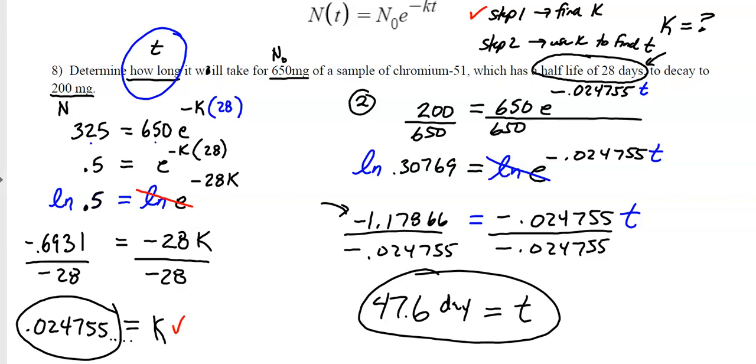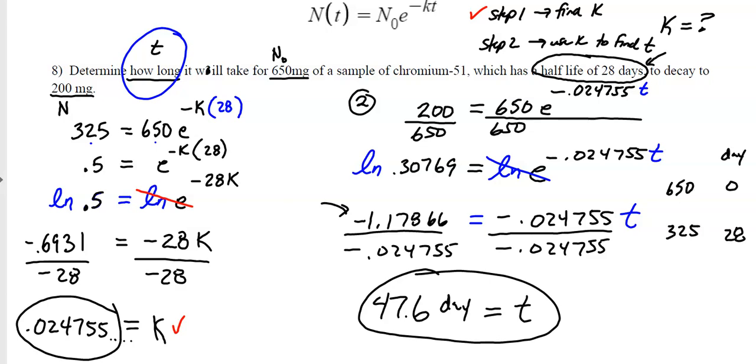Now, you could kind of ballpark this. If I wanted to do some quick and dirty math, just to see if I'm on the right track, if I start at 650, this is day 0. On day 28, the half-life, that would put me down at 325.